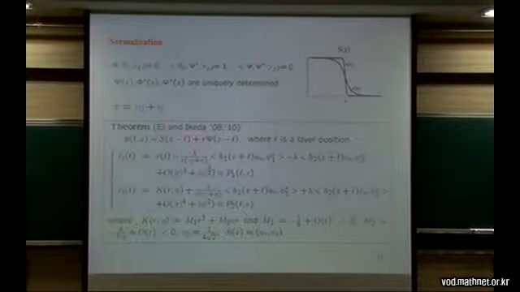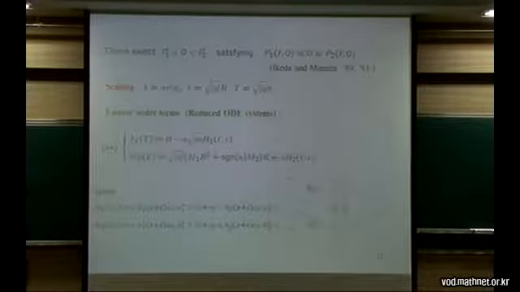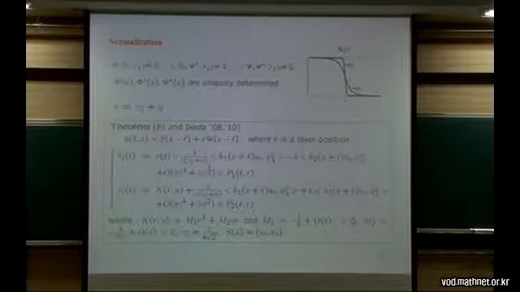Right? So by the results of the stationary PDE problem, we can find there exist l1 star and l2 star, where l1 star is negative and l2 star is positive, satisfying this equation. This means that the previous ODE system has a constant solution, l1 star, 0 and l2 star, 0.